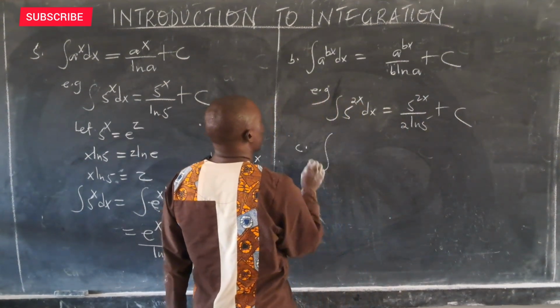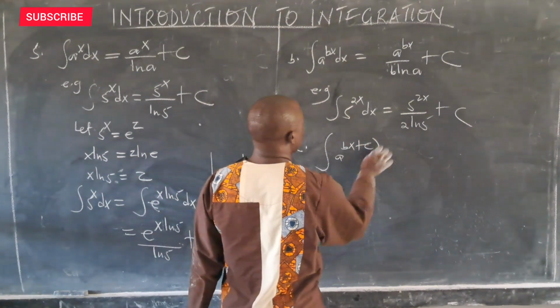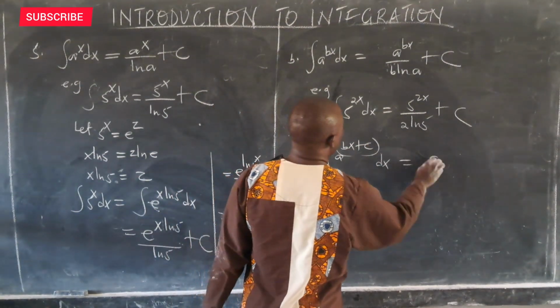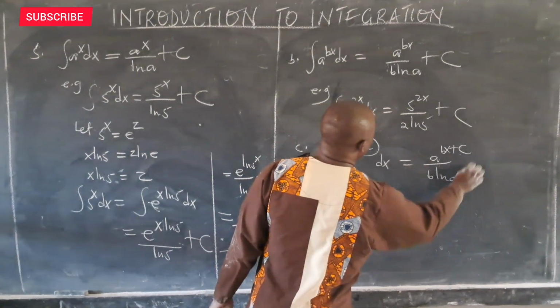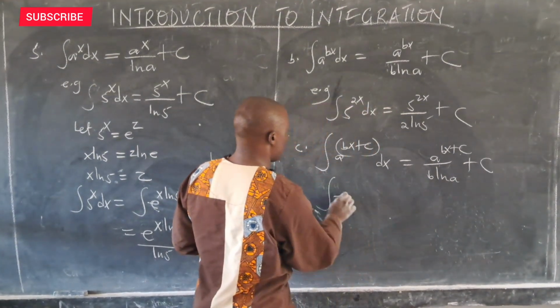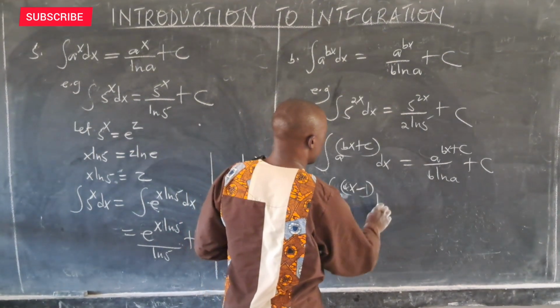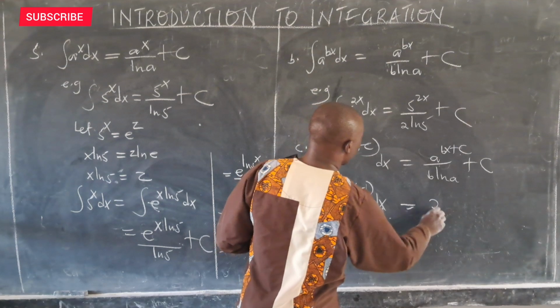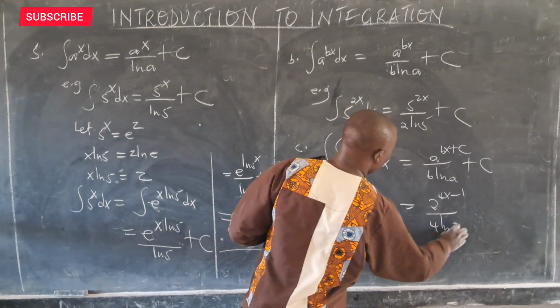In the same spirit, we can be handling maybe a to the power bx plus c dx. That gives us a to the power bx plus c out of b ln a plus c. That means if you're integrating something like this, 2 to the power 4x minus 1 dx, that gives you 2 to the power 4x minus 1 out of 4 ln 2 plus c.